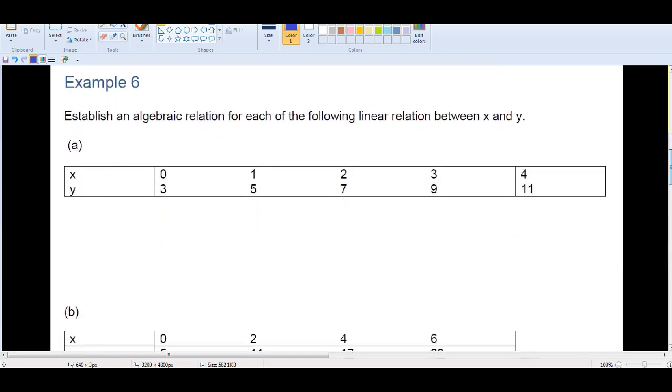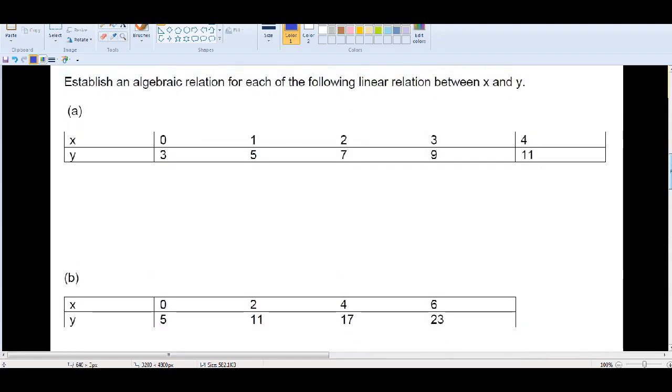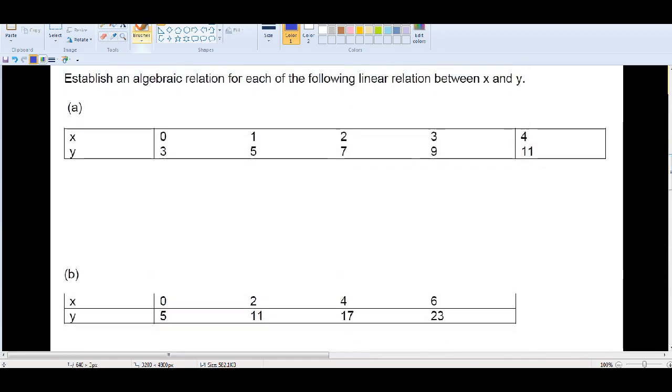Alright, so let's see how we could do it. The question is, establish an algebraic relation for each of the following linear relations between x and y. So we need an algebraic representation. Still remember how to do it?